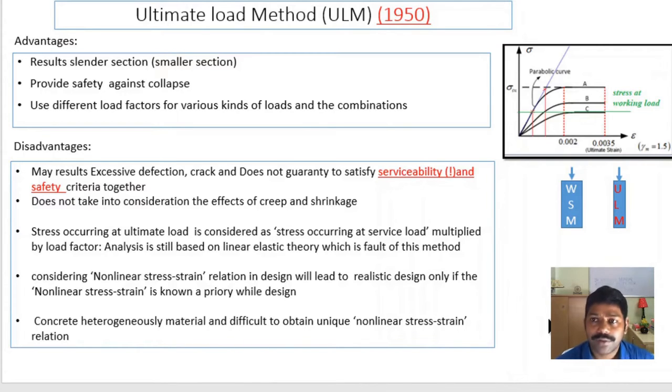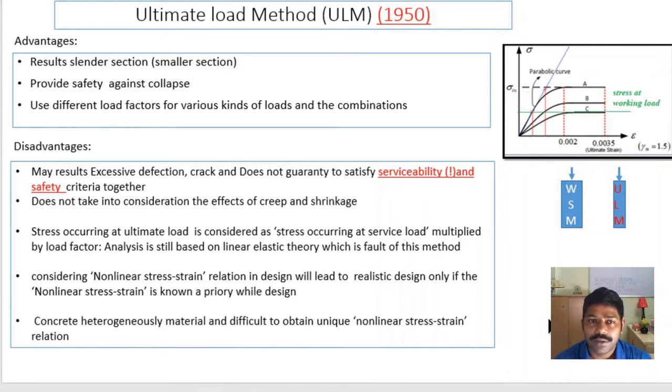Now another major disadvantage of the ultimate load method is that the stress occurring at the ultimate load is considered as the stress occurring at the service load multiplied by the load factor that I just now discussed. Now what is happening here?